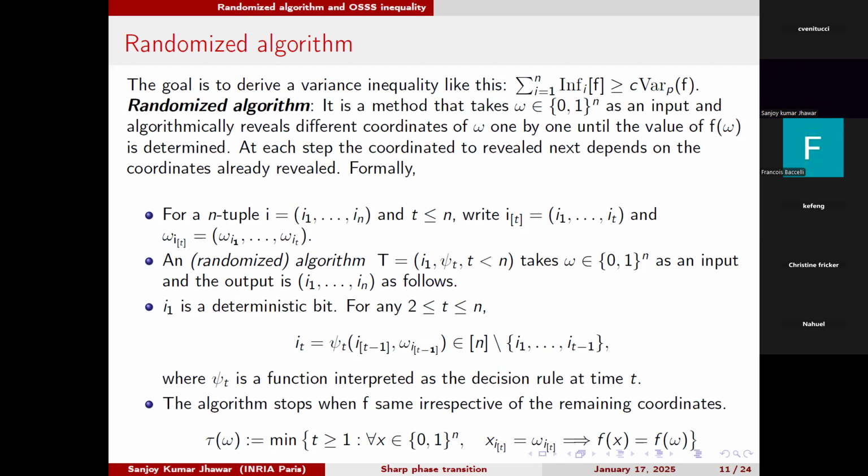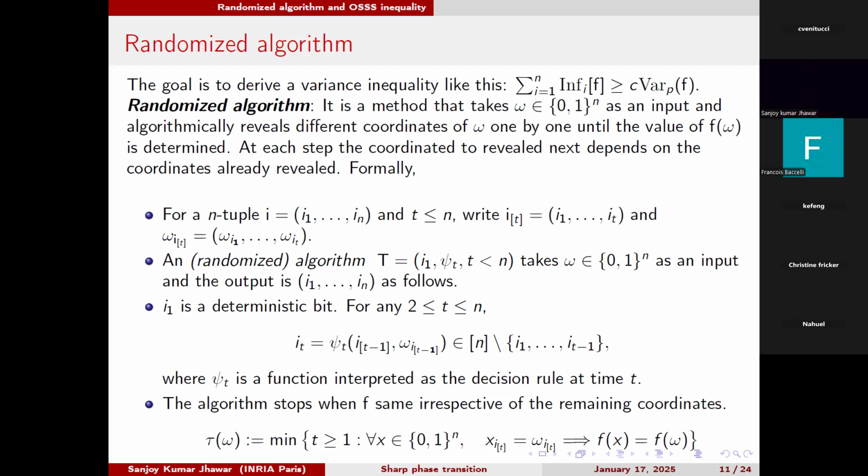So you reveal only until t, and at t minus one, let's say your function value on the vector only until t is one. Then after that it never becomes one again. That means tau is t.